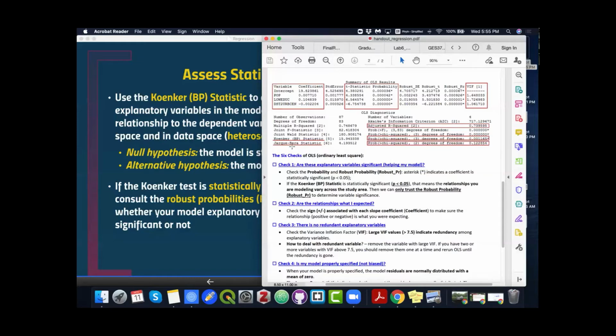We went through a lot of calculation, but you can focus on looking at either the probability if the Koenker statistic is insignificant, or the Robust_Pr if the Koenker statistic is significant. And once again, the last number within this row represents the p-value for the Koenker statistic.